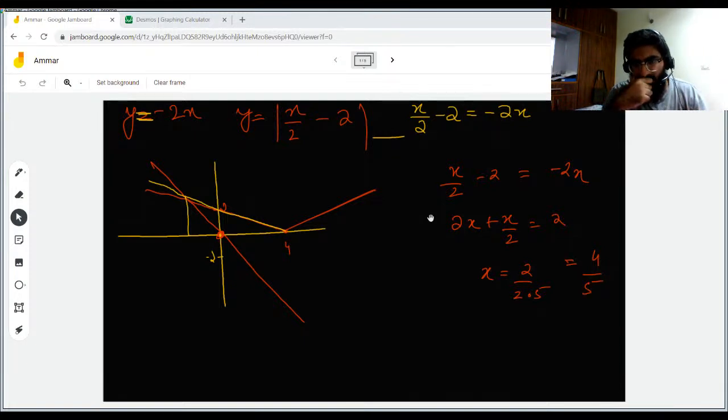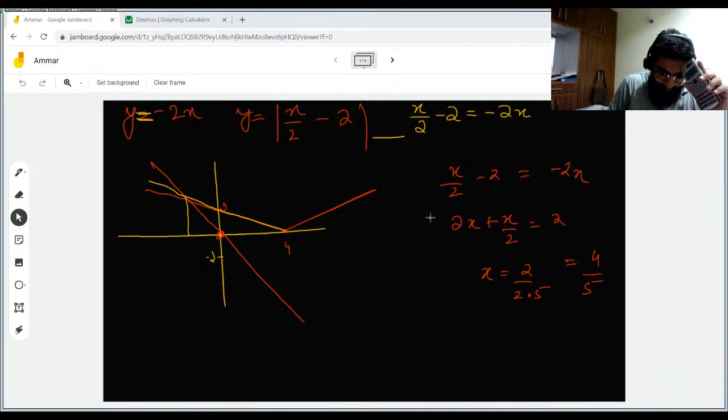But shouldn't we be getting a negative answer? Okay. We wouldn't put it with positive x by 2 minus 2 because this intersection is happening in the negative region.